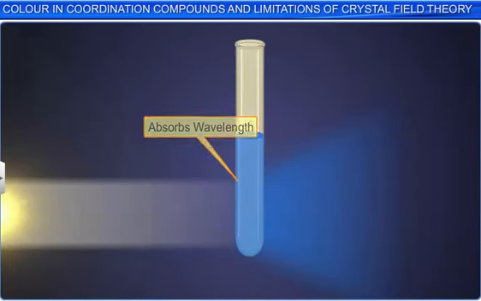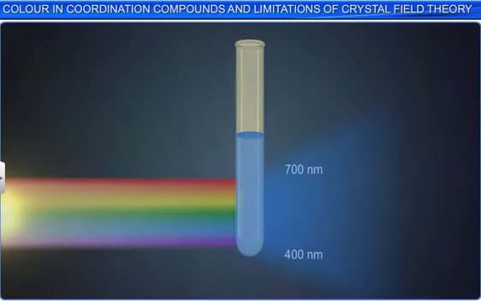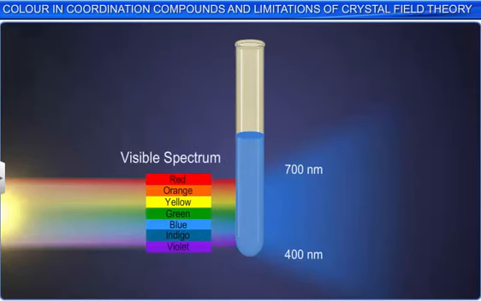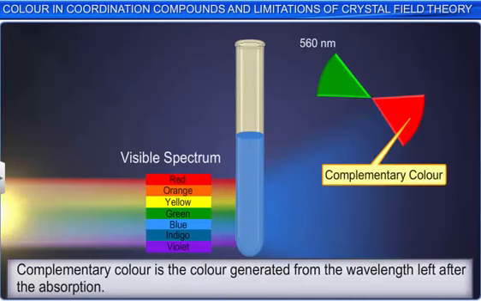The light transmitted by the substance is deprived of the wavelengths that have been absorbed. If absorption occurs in the visible region of the spectrum, then the transmitted light has a color complementary to the color of the light absorbed.